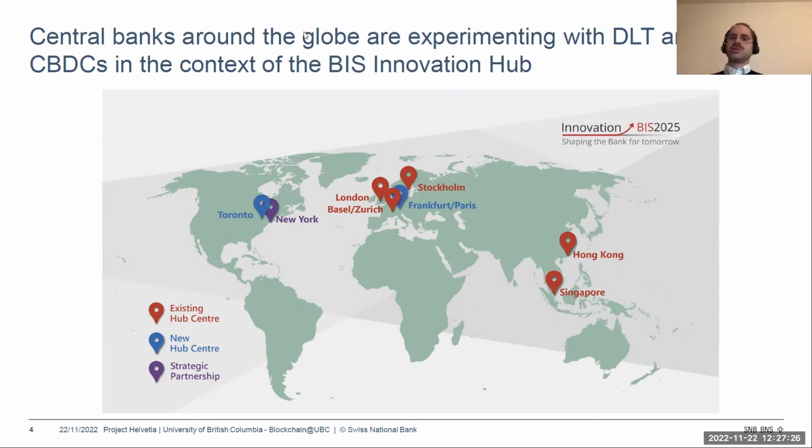Toronto is to be established sometime next year, hopefully, together with the Eurosystem Center. We as the Swiss National Bank host the Swiss Center, which is based in Basel and Zurich, Basel because the BIS is based in Basel. So we did those CBDC projects with the BIS Innovation Hub, 3 projects as we can see on the next slide.